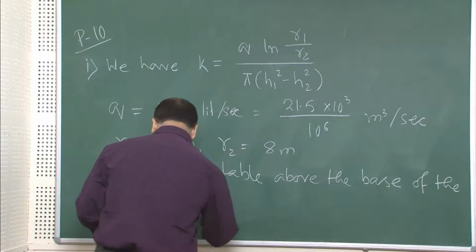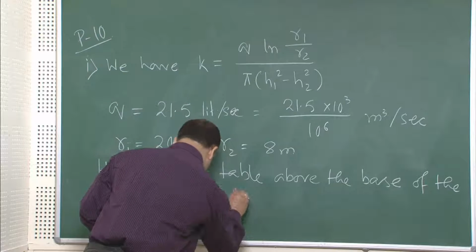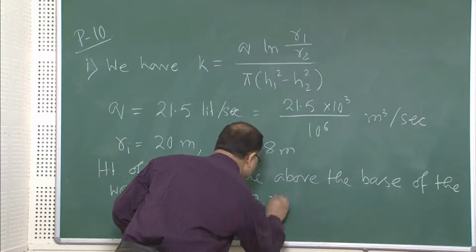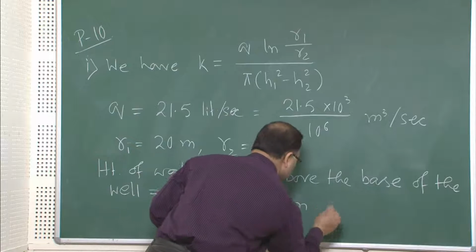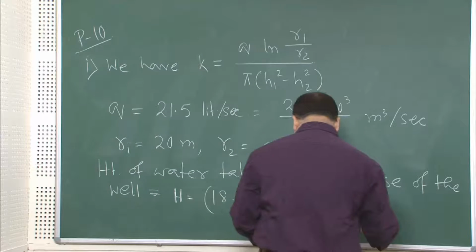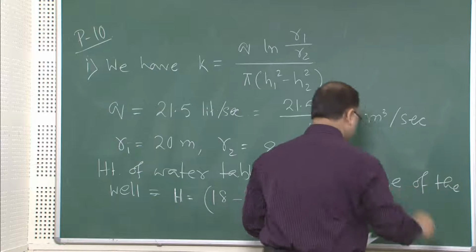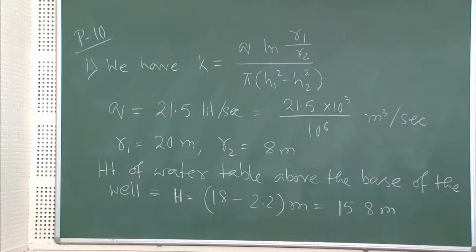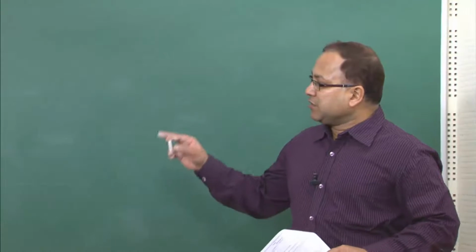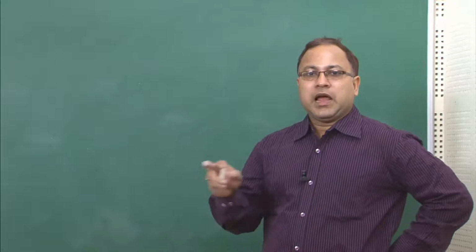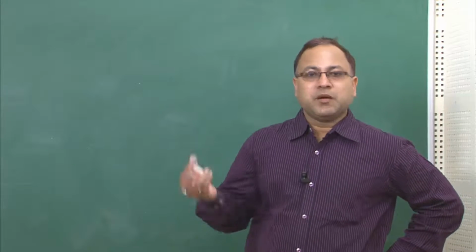That is 18 minus 2.2 meter, which comes as 15.8 meter. So, that is the water table available at different wells before the pumping.